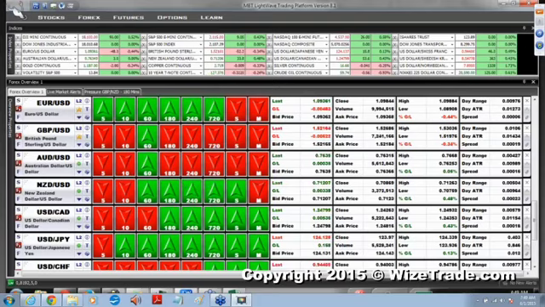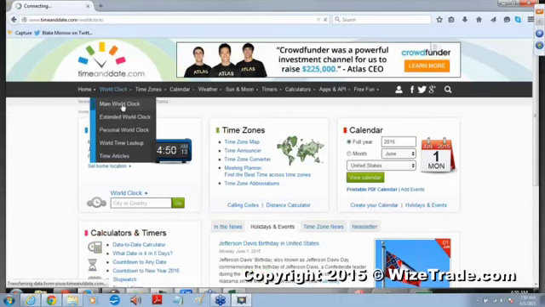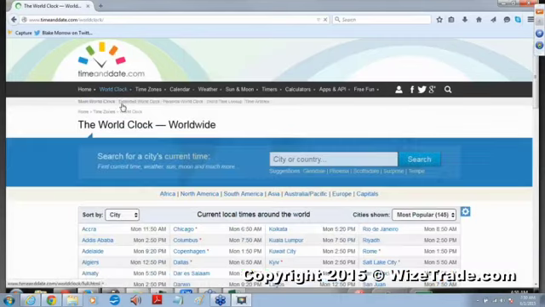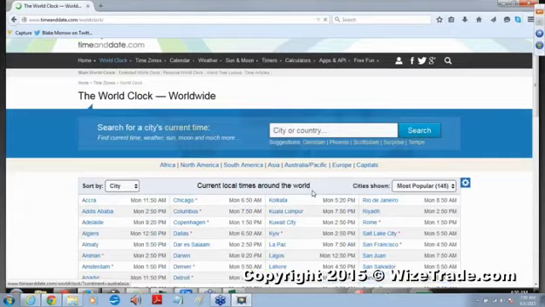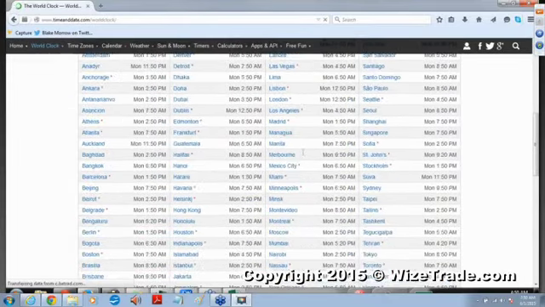Yeah, hold on. Timeanddate.com is the website I always go to. Let's see. What is CET? World clock, main world clock. I don't think CET is on here.